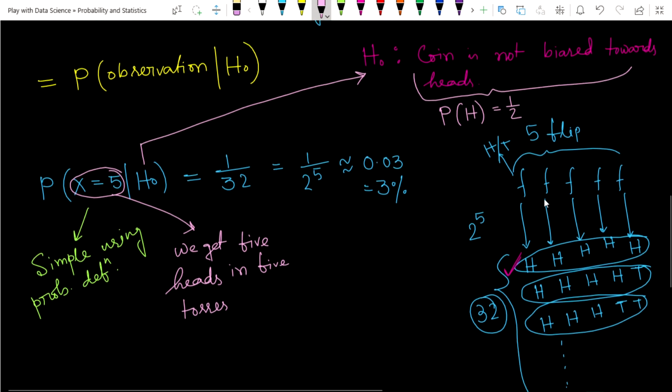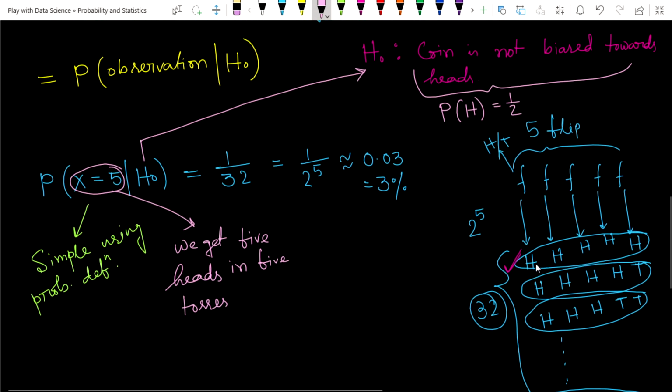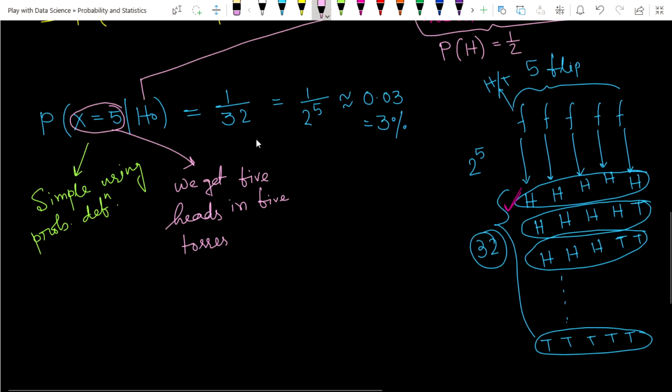We have done 5 flips, so this value will be 1 by 2 to the power 5. This is another way to find this probability. I think from this simple idea you will understand how this probability value comes about.